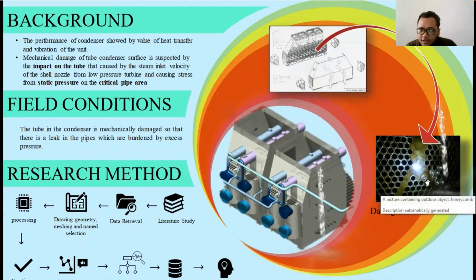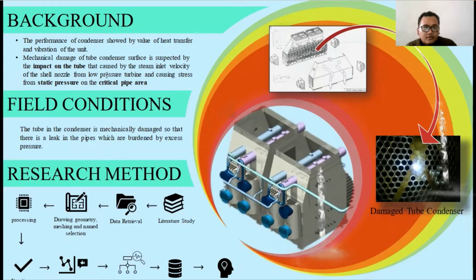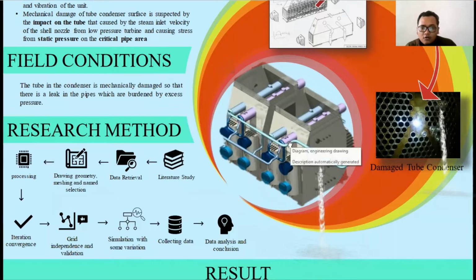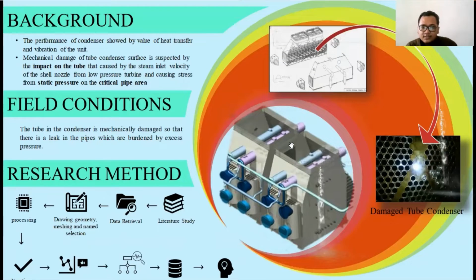The seal tube, as you can see here, is damaged by the steam flow inlet velocity and flow from the low pressure turbine.